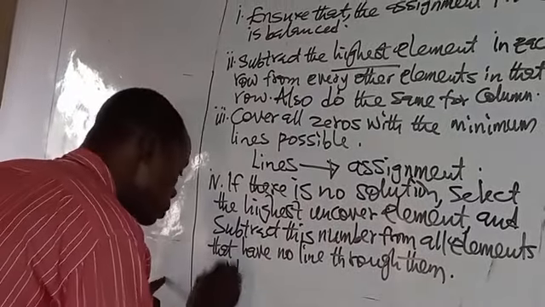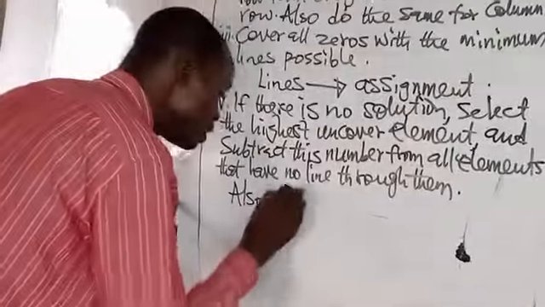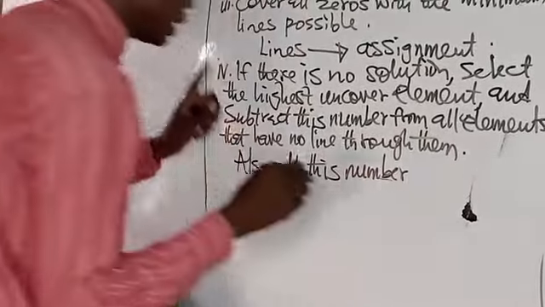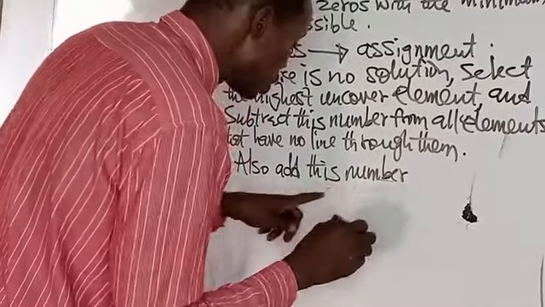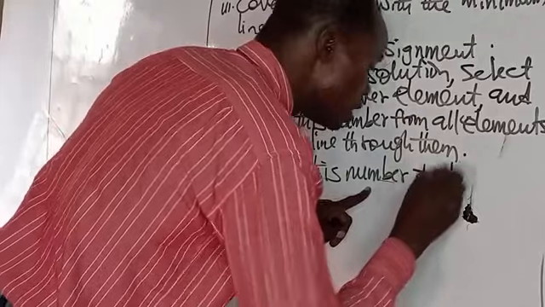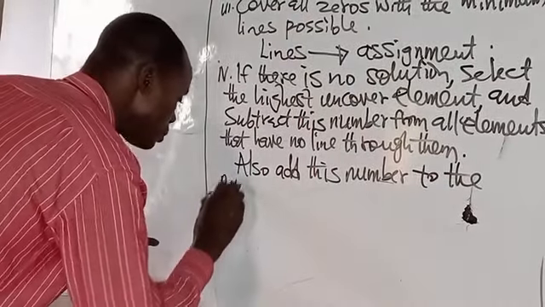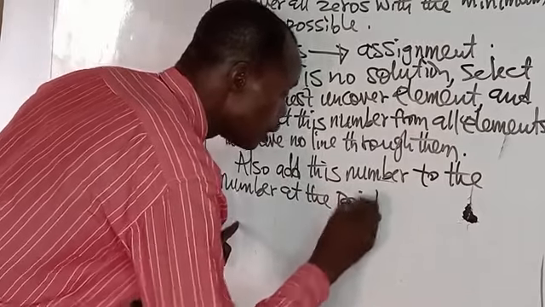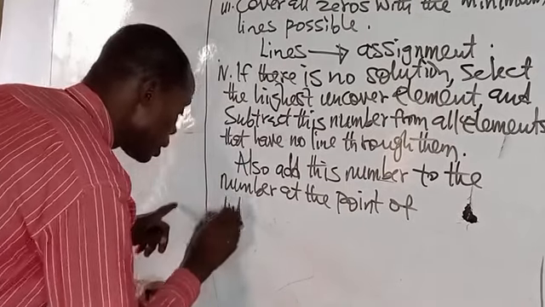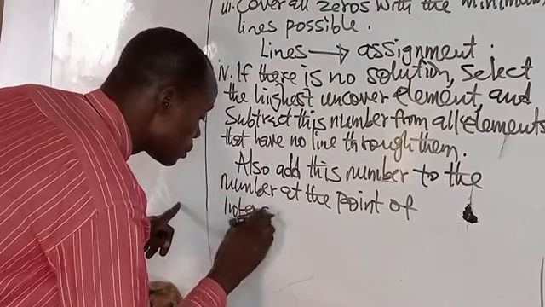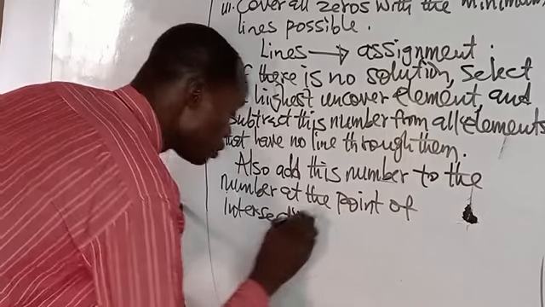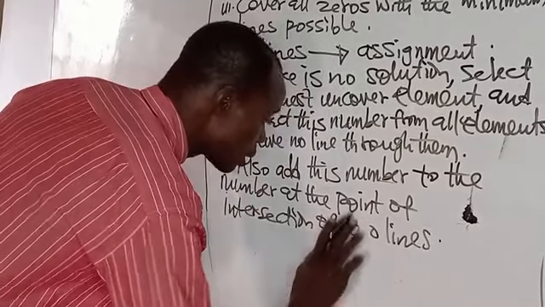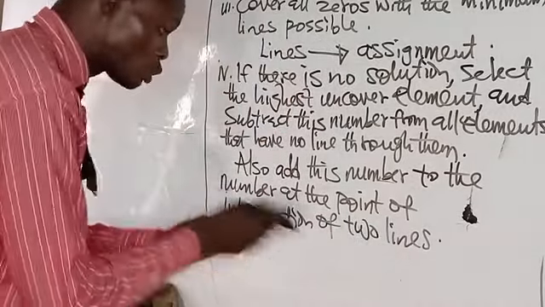Also, add this number, the highest uncovered element, to the number at the point of intersection of two lines. The point of intersection is where two lines meet.